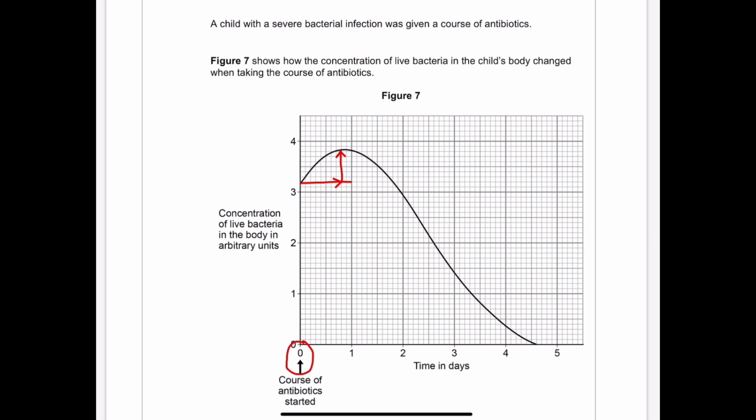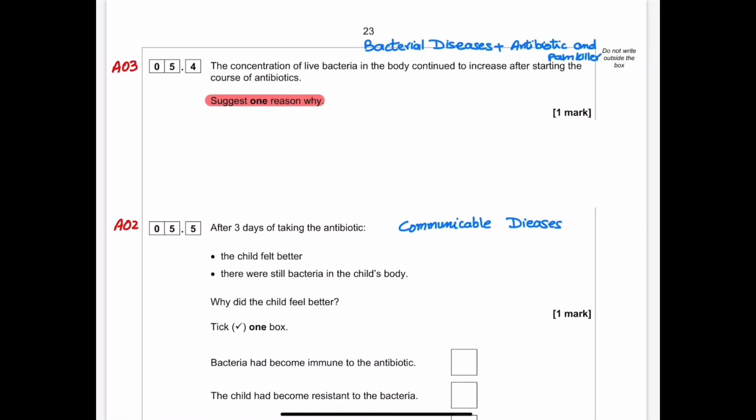The question 5.4. 5.4 is an AO3 question from the bacterial diseases and antibiotics and painkillers. The concentration of live bacteria in the body continued to increase after starting the course of antibiotics. Suggest one reason why.